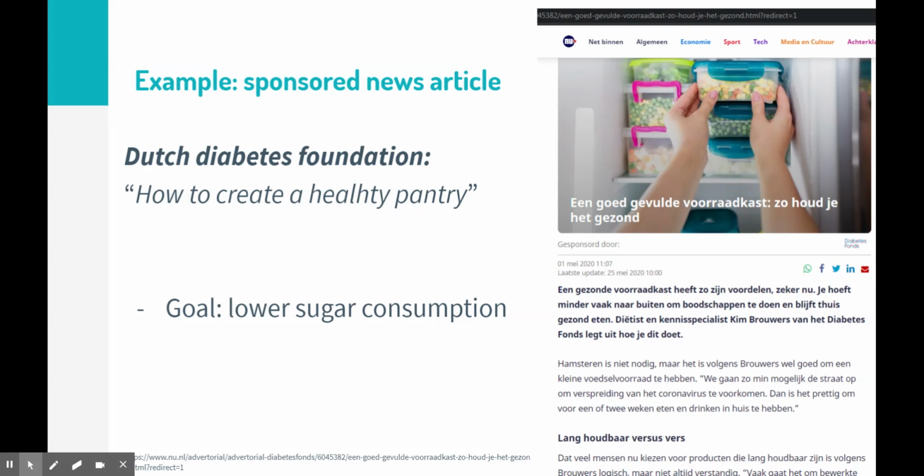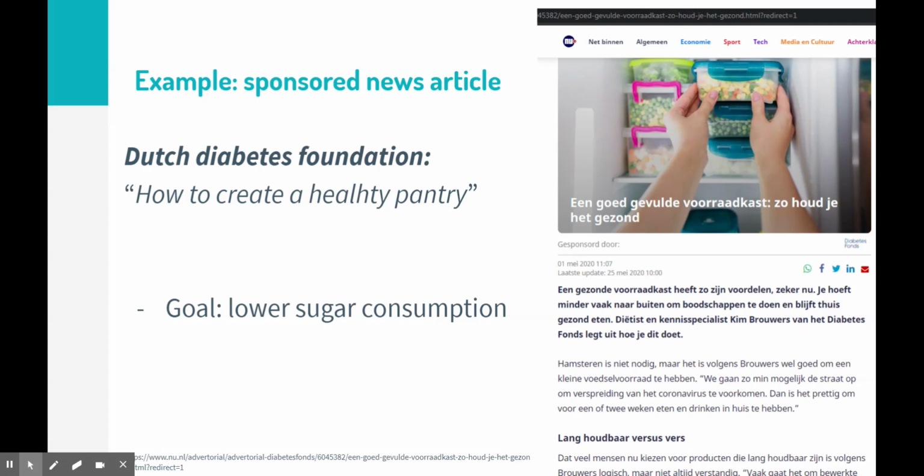But what they do is they are not telling people, like, okay, this sugar is super bad, you really shouldn't do it, and create a lot of fear. No, what they do in this campaign is they try to provide interesting articles, but they're also creating fun challenges that really help people to live more healthy, but in a fun and entertaining and interesting way.